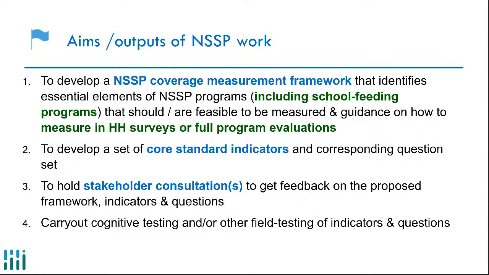Related to that, we would develop a core set of indicators and corresponding questions to be able to understand those phenomena. And then thirdly, to hold stakeholder consultations to get feedback on the proposed framework, indicators, and questions. And finally, once we have consensus on those questions and indicators, to carry out cognitive testing or field testing to try to understand how well those indicators work out in practice.